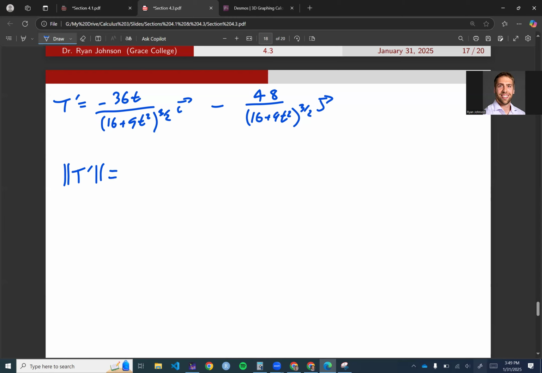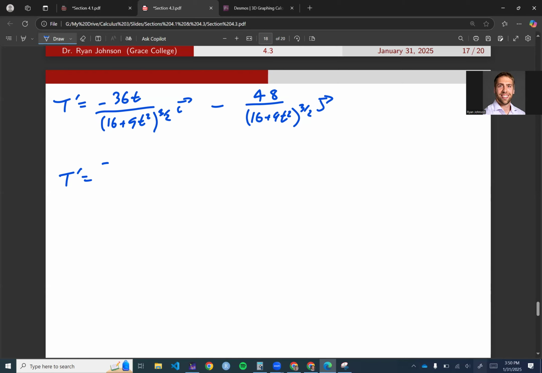Okay. So, finding the magnitude of T prime here. One thing to do before you find the magnitude of something like this is to pull out a common multiple. In this case, 36 and 48 have a common multiple of 12. That would be nice to pull out.